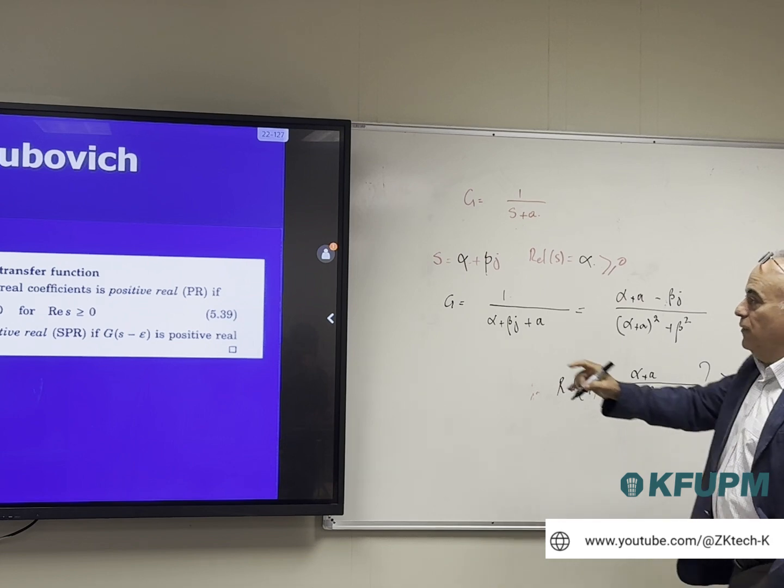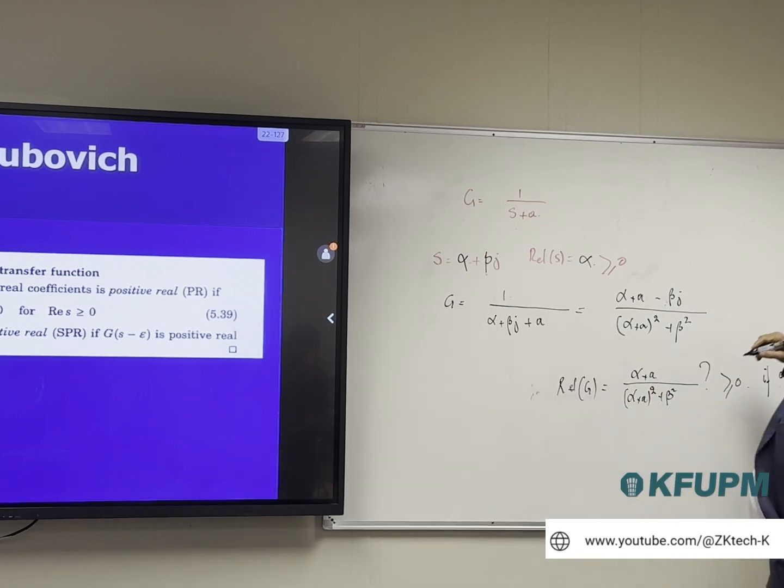Now if I take the strict positive real part, the strict positive real part is assuming that S, we are using S minus epsilon.